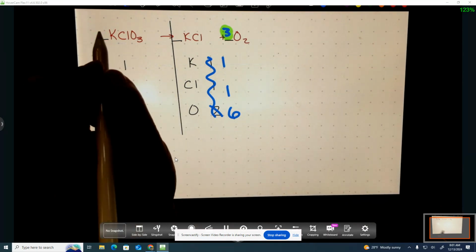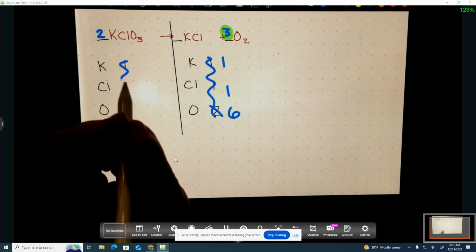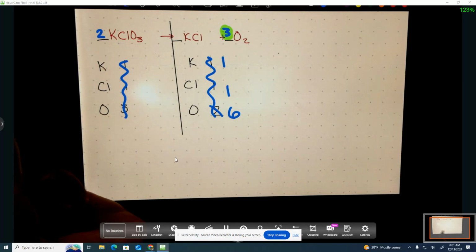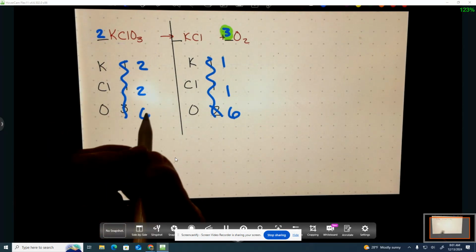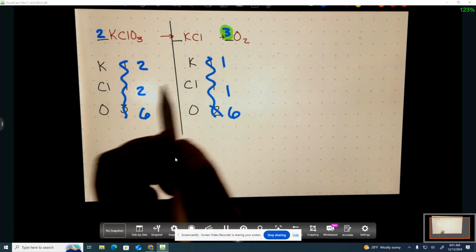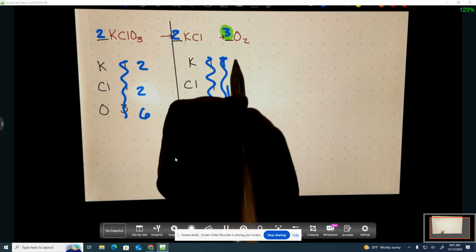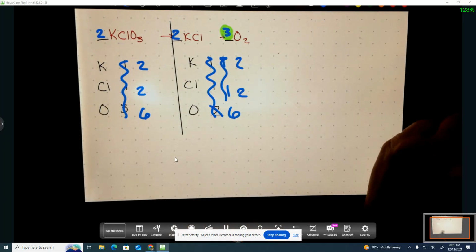Now I know that this side has to be multiplied by 2. Recount. 2, 2, 6. And then these guys don't match. I would come back and I would put 2, 2, and 6 here. Any way you want, it's the same thing. I don't care which way you do it. It's the same exact thing. Okay? All right, let's do the next one.